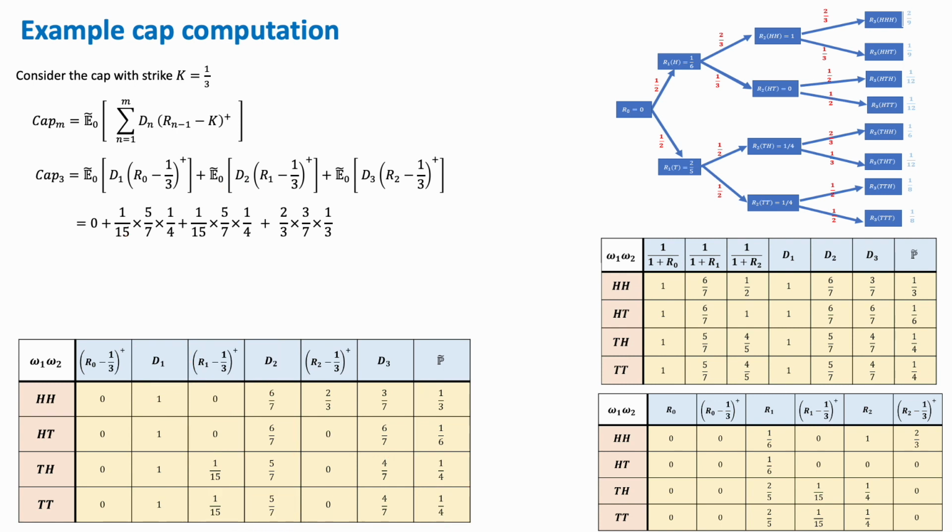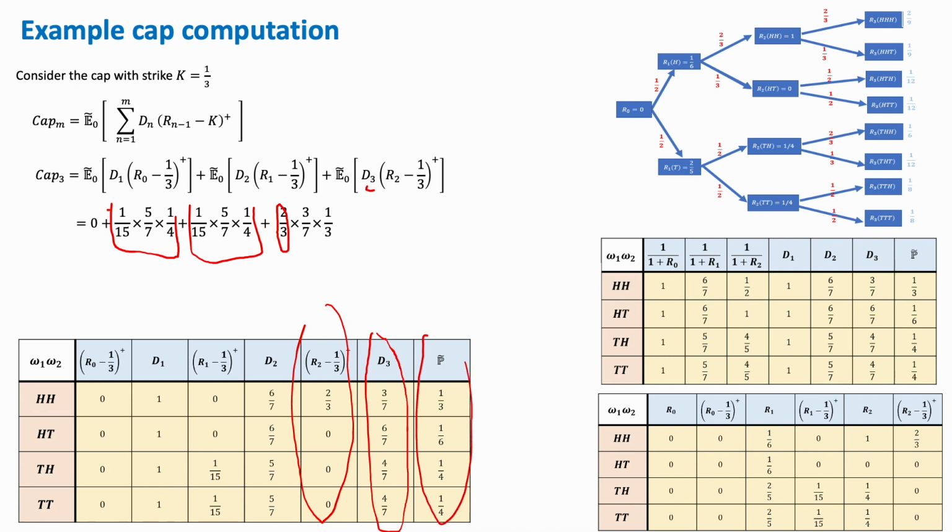and that's essentially what you have here. And finally, the last part, where this 2/3 is coming from. For the last part, we need D3. So that means we need this column and this column, and then finally multiply by the probability.